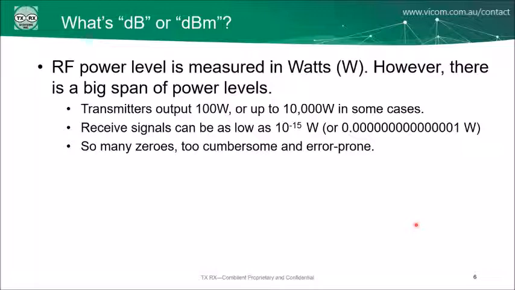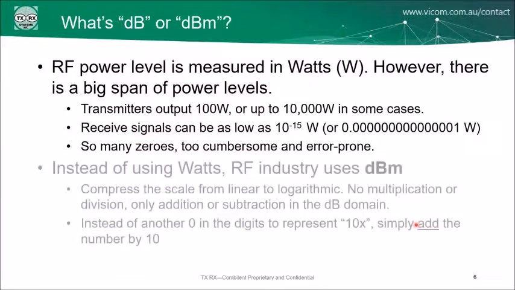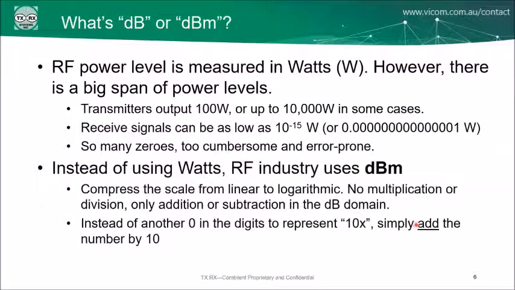So instead of using watts, we use dBm. dBm is a logarithmic scale. There's no multiplication or division, only addition and subtraction in the dB domain. Instead of throwing in more zeros, we simply add 10 to the number every time we go up.